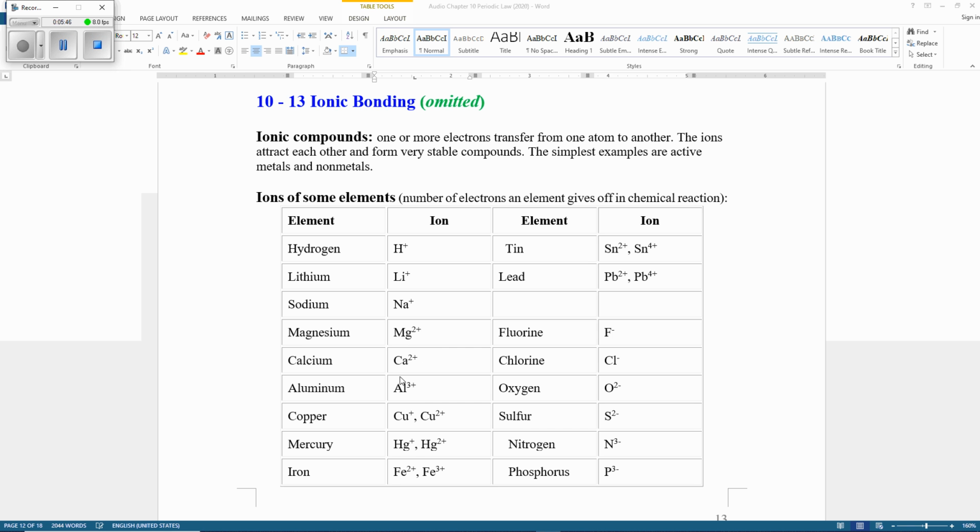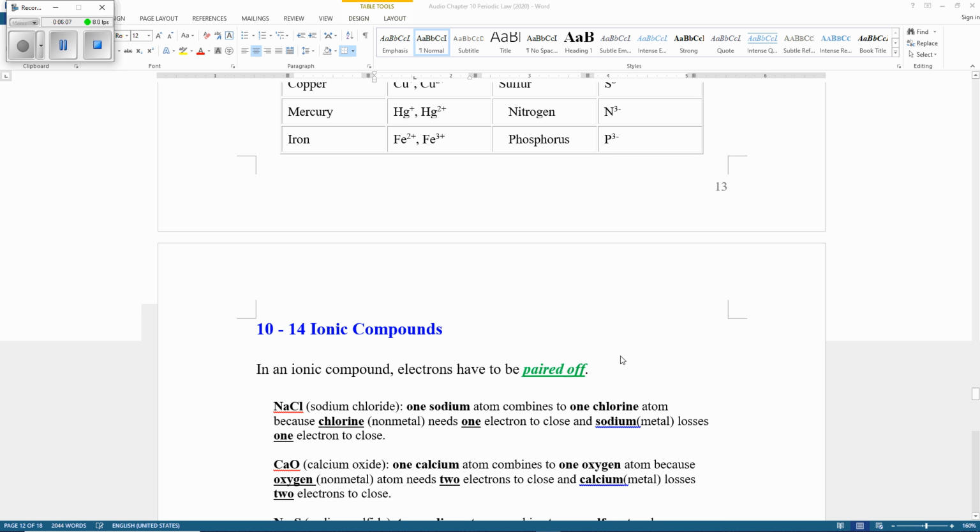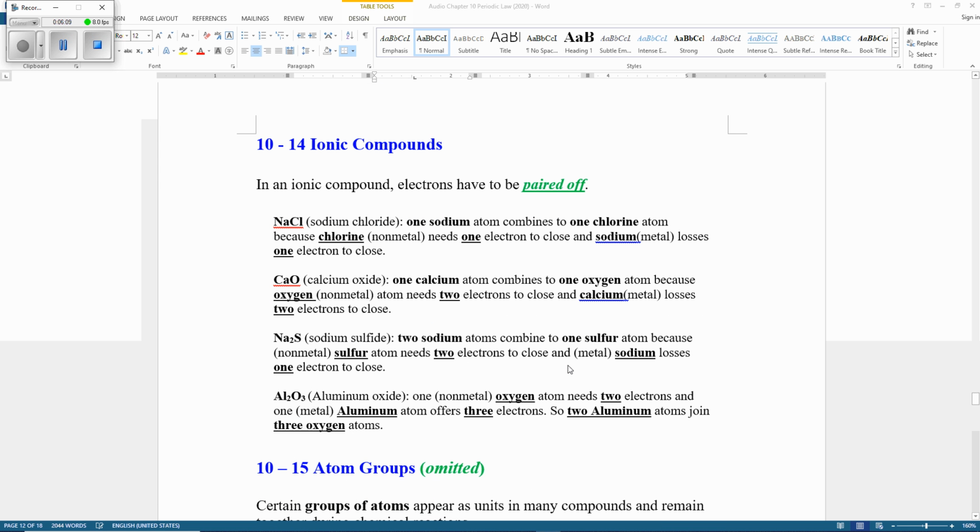Aluminum belongs to the third group, so it's going to share or transfer 3 electrons. Some elements have 2 possibilities, sometimes offering 1, sometimes 2. Then the negative sign here means catching electrons. Now we discuss a little more about ionic bonds, ionic compounds.